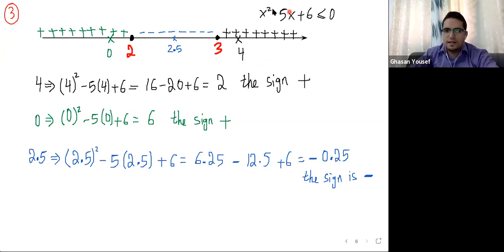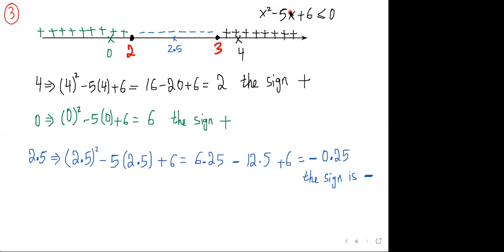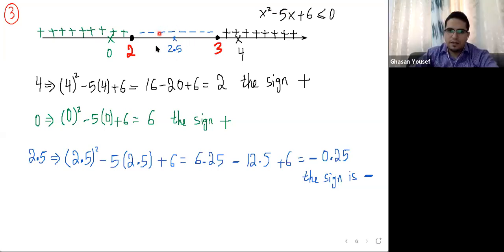The inequality asks: what is the solution when x squared minus 5x plus 6 is less than or equal to 0? In other words, when this equation will be negative, which is for any number between 2 and 3.